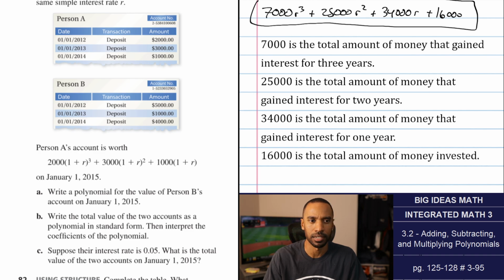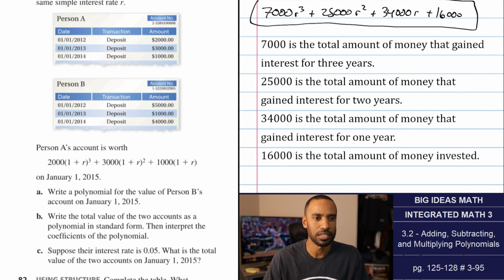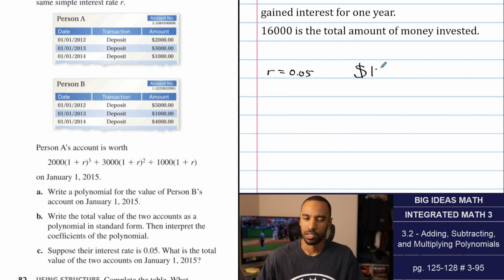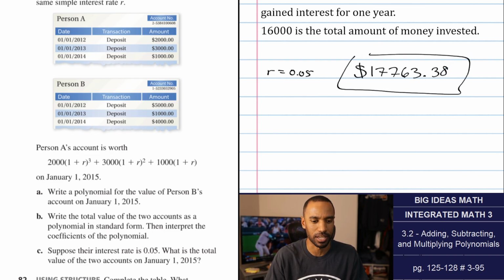Now I'm going to type in 0.05 for r. So 0.05, and I'm getting 17,763.375. I'll say 0.38, rounded to the nearest cent.